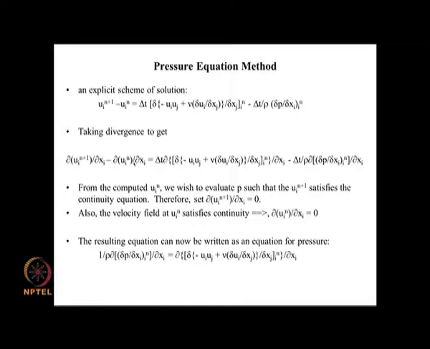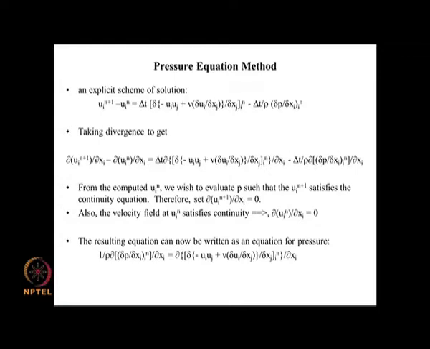Since u_i^n satisfies the continuity equation, because you are moving on to u_i^(n+1) and have already got u_i^n, and for u_i^n to be a correct solution it must satisfy the continuity equation, dou by dou x_i of u_i^n is also equal to 0. If we set these two to 0, that gives us a condition for pressure.